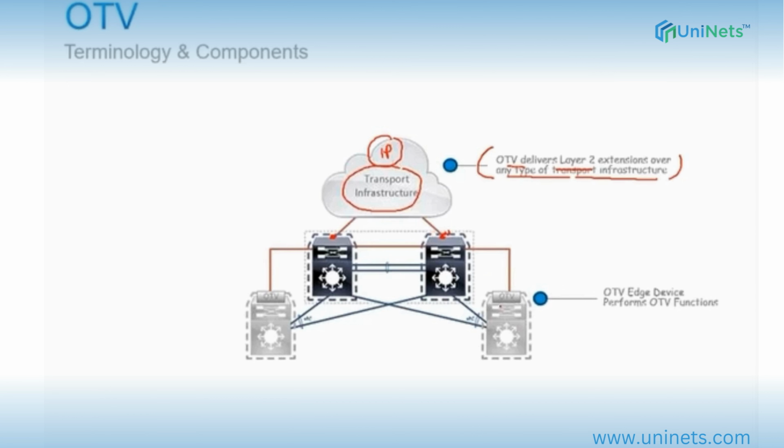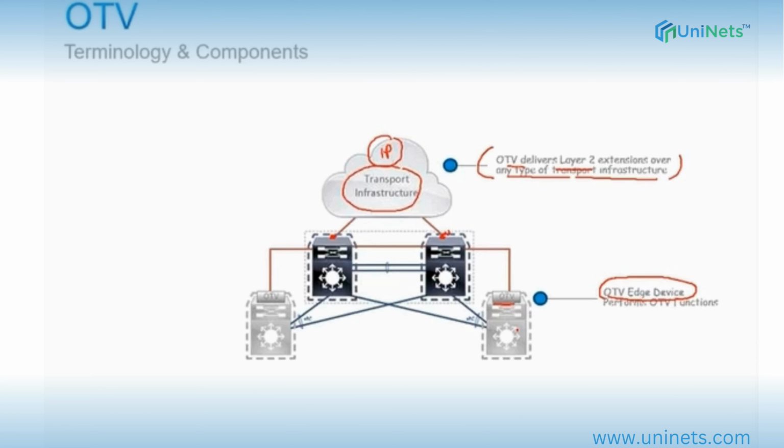The device over which you configure the OTV, we say as an OTV edge device. So OTV is nothing. It's just an extension of the layer 2 network over a layer 3, across any IP transport.